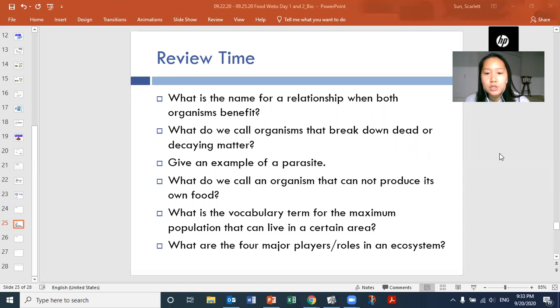What are the 4 major players or roles in an ecosystem? It's a little tricky. It's having consumers, autotrophs, decomposers, and what would the last one be?